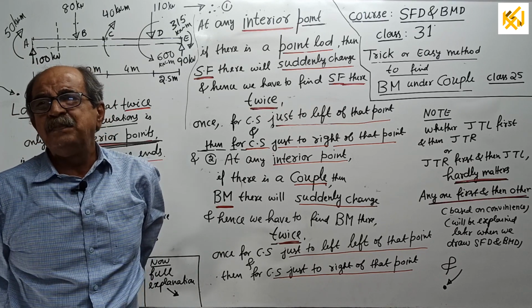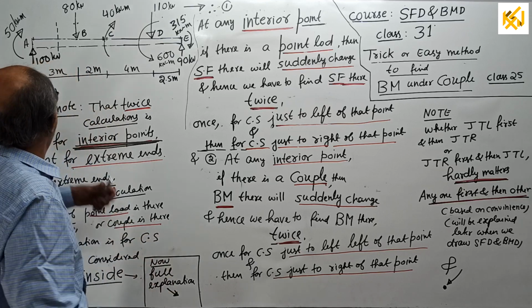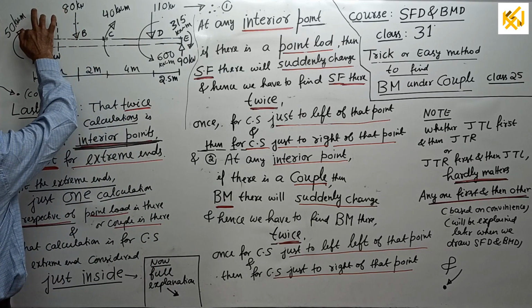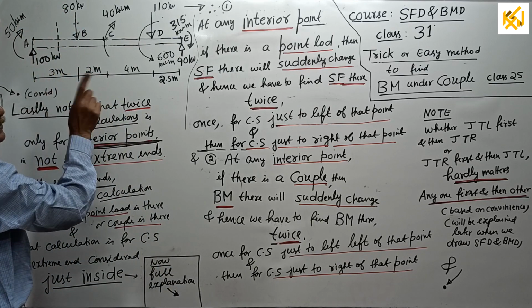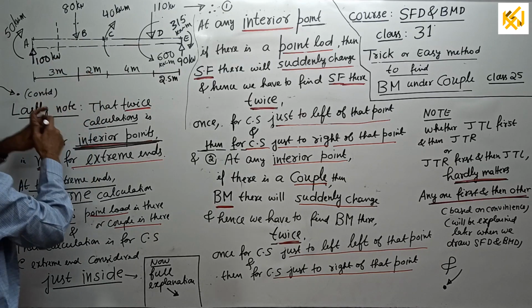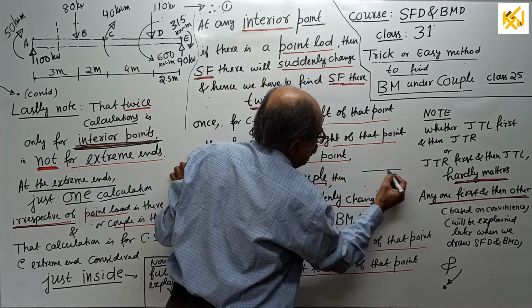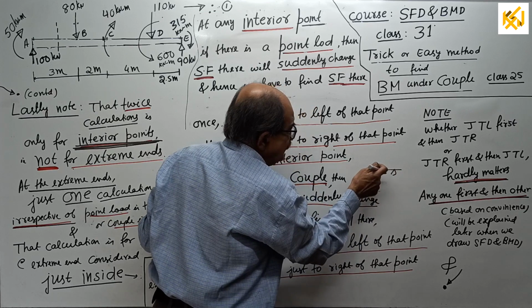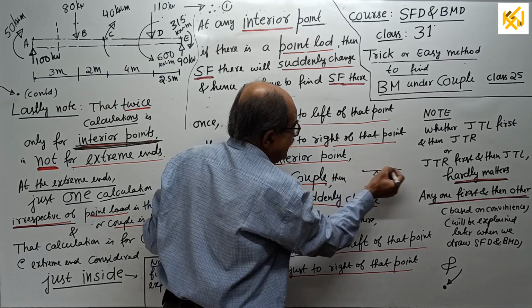That is completely meaningless. Therefore, at the extreme end, it need not be a support; it can be a free end also. It can be a case of an overhanging beam, then this will become an interior point. Here, extreme end.